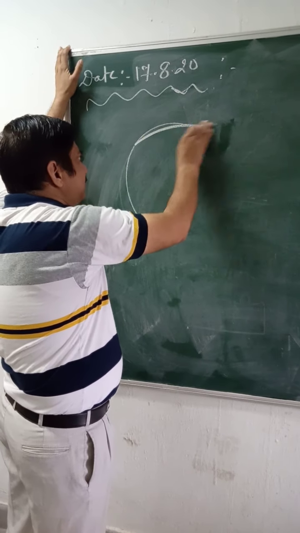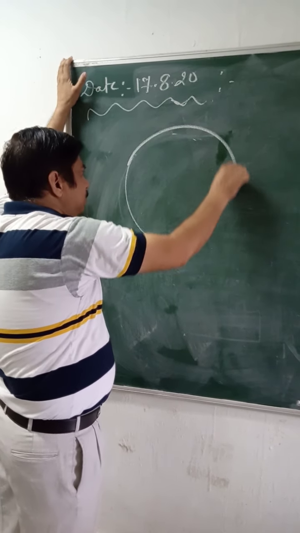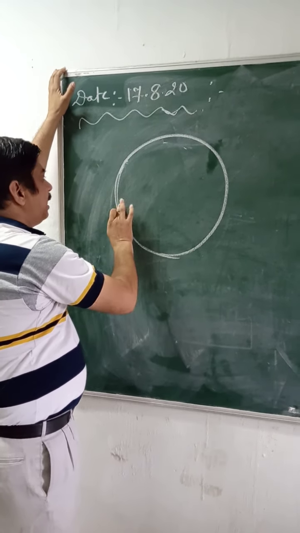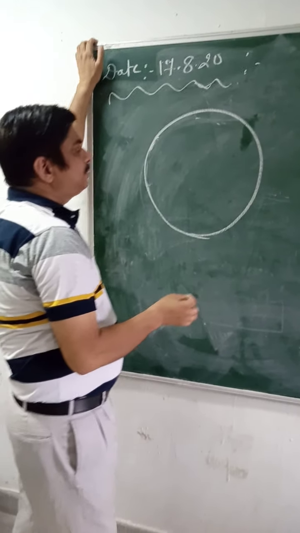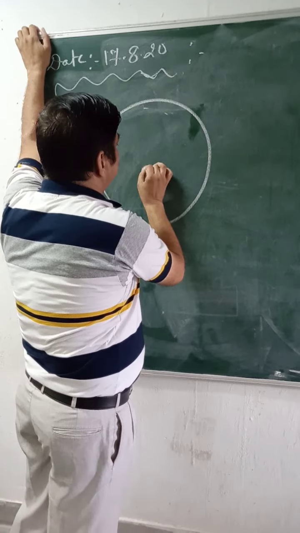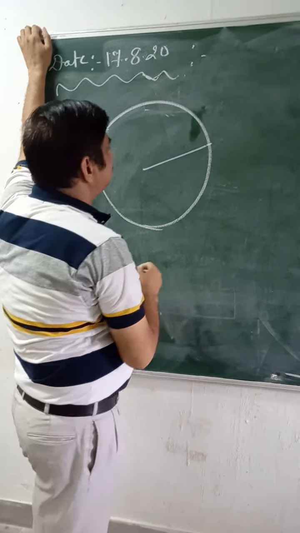Now for that, the object moves on a circular path, and here we just have to consider two positions of the object.